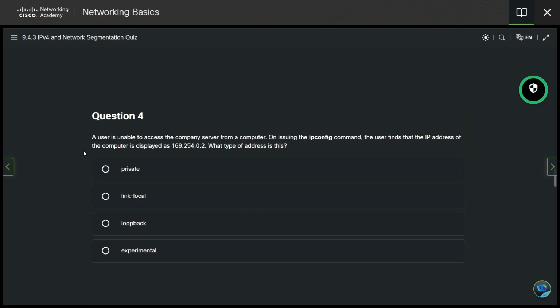Question 4. A user is unable to access the company server from a computer. On using the ipconfig command, the user thinks that the IP address of the computer is displayed. What type of address is this?